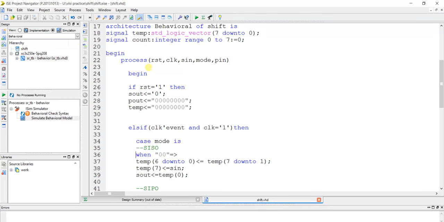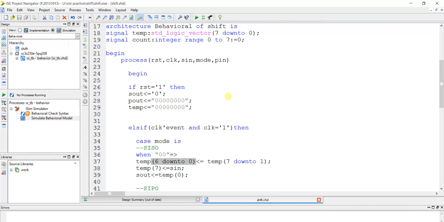If my mode bits are 00, then I am shifting my data which is on 7 down to 0, 7 down to 1, sorry, and I am loading it on 6 down to 0.